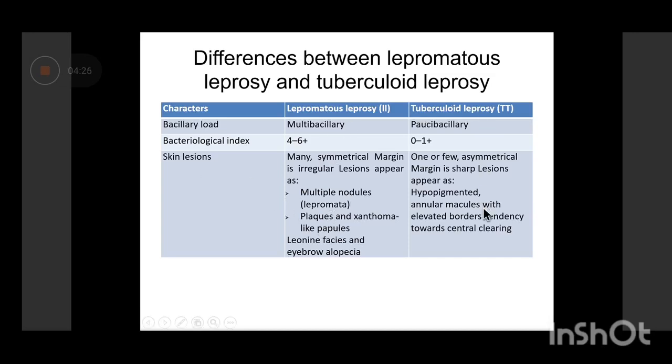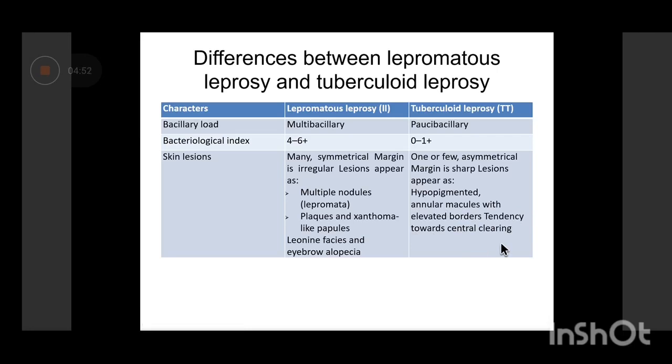But in tuberculoid leprosy, the skin lesions are one or few, with an asymmetrical margin which is sharp. Here you see hypopigmented patches, hypopigmented annular macules, which have elevated borders and a tendency towards central clearing.